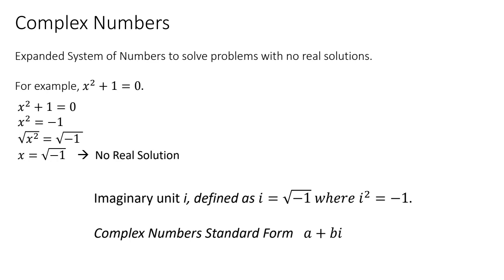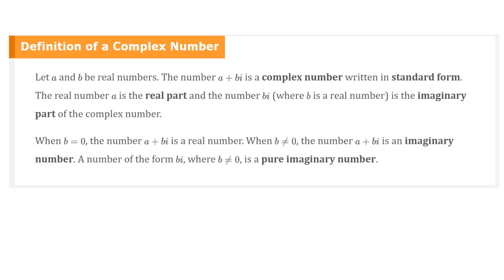Okay? So again, this is the definition that the book gives you that I just explained. A complex number in standard form is a plus bi. This is what it means to be a complex number. It doesn't mean it's a hard number. It just has a real part and an imaginary part. The a is the real part, and the b with i is my imaginary part.